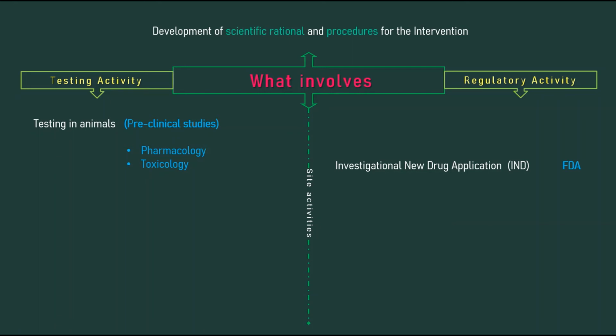After reviewing the investigational new drug application from the sponsor, the FDA may approve if it is satisfactory. Then the sponsor starts the clinical trials in human models. The clinical trials are conducted through 4 phases: phase 1, phase 2, phase 3, and phase 4.